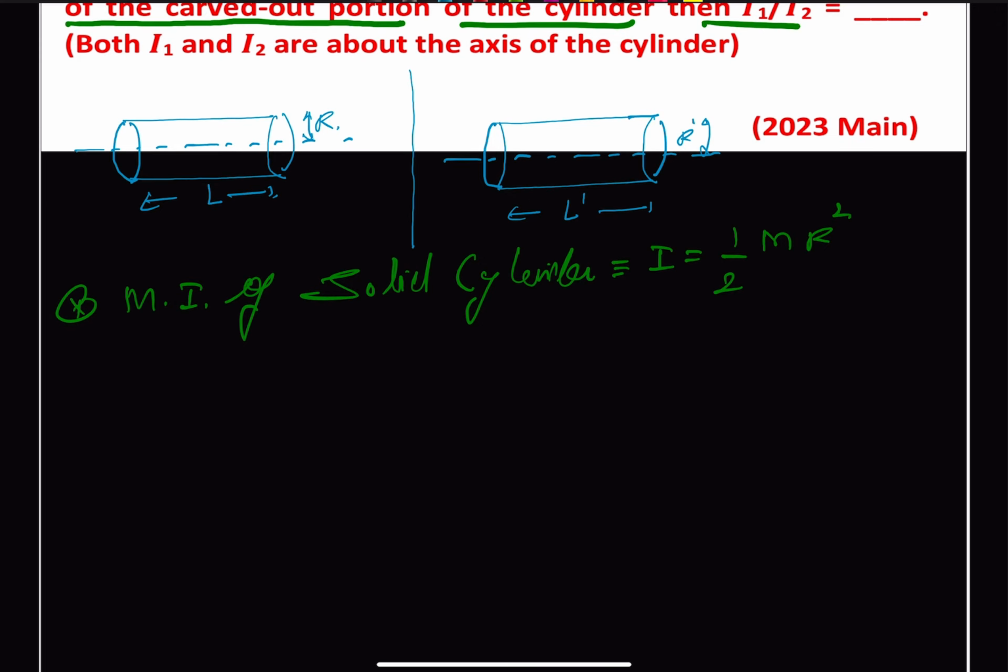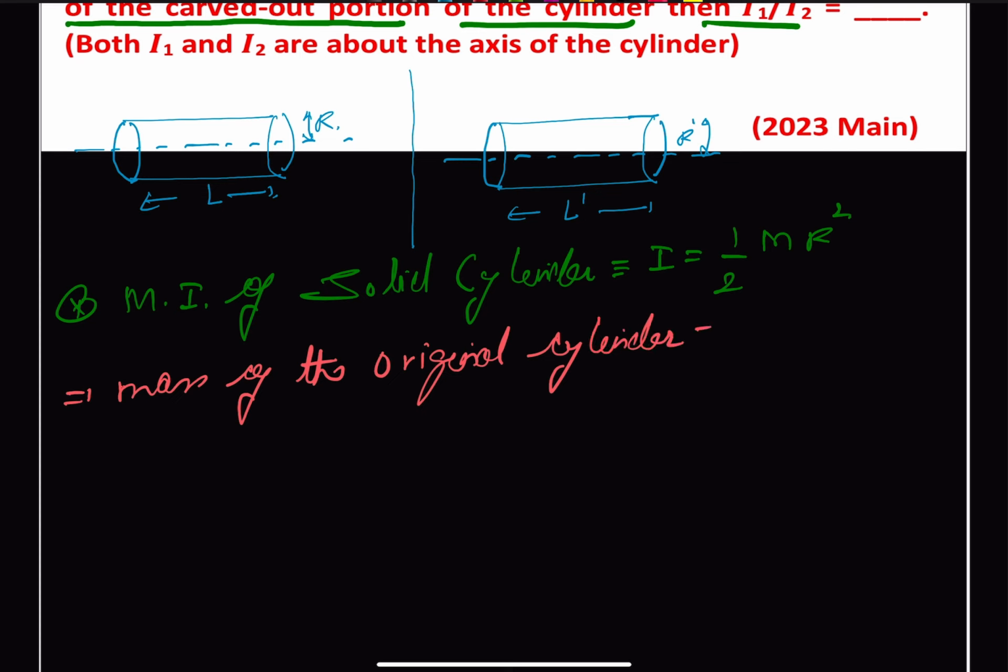So we can find the mass of the original cylinder, and suppose that mass is given as capital L, and this will be equal to our density multiplied by volume.